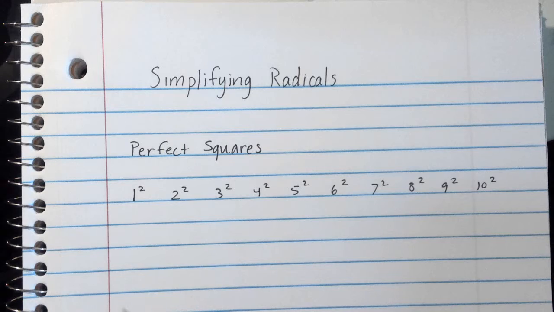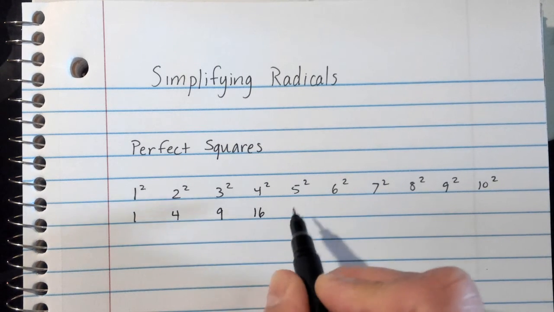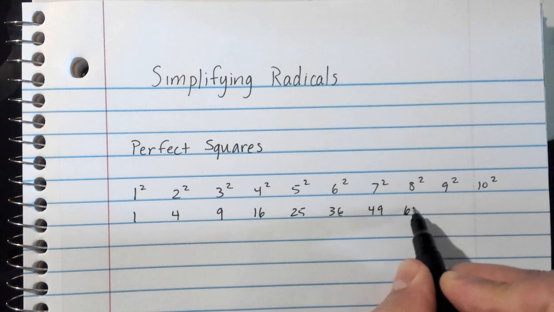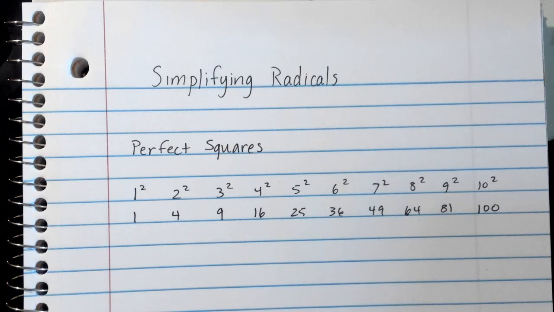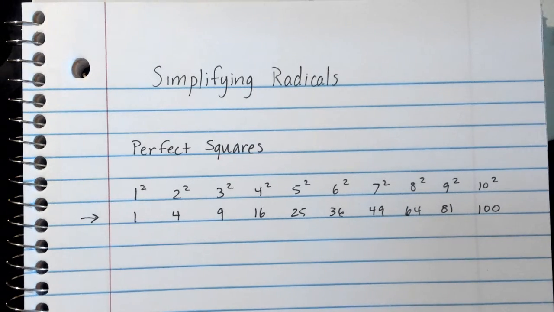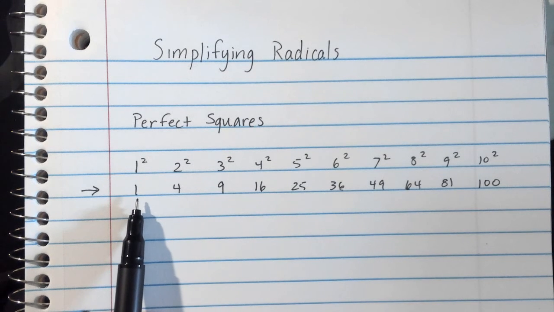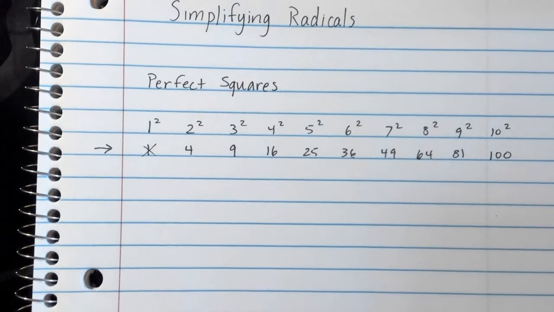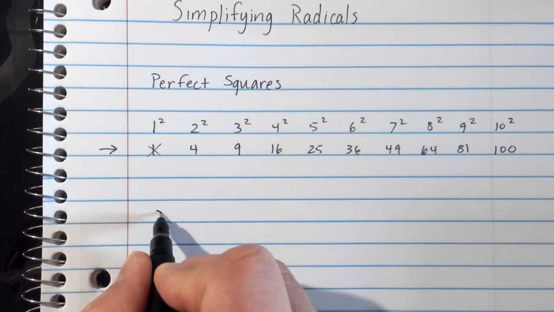The results of squaring these are called perfect squares. If you know those quickly, it'll make your life a lot easier. The 1 doesn't really apply to simplifying radicals, so we're always going to ignore it.